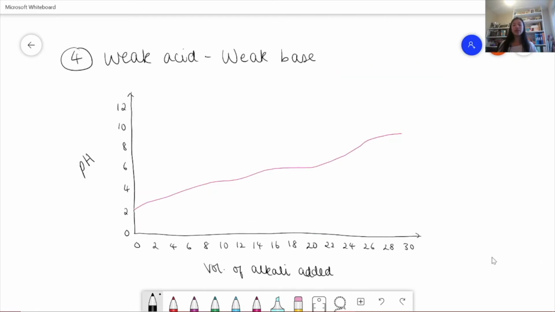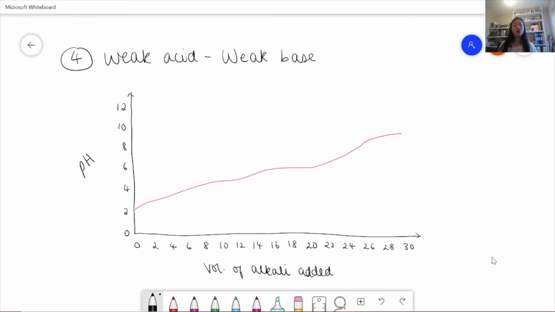So the last curve that we're going to look at is this weak acid, weak base curve. So the pH starts off a bit higher at 2 because it's a weak acid, but there is no sharp increase in pH, and therefore we can't titrate a weak acid and a weak base because it's very difficult to find a suitable indicator to tell us when this equivalence point endpoint is.